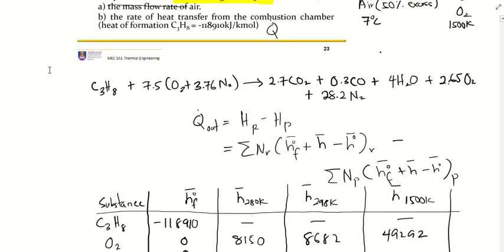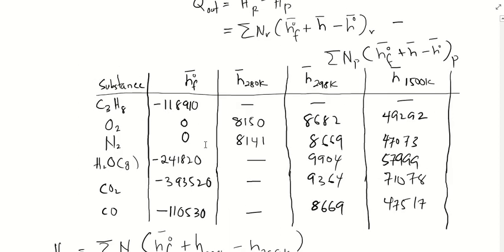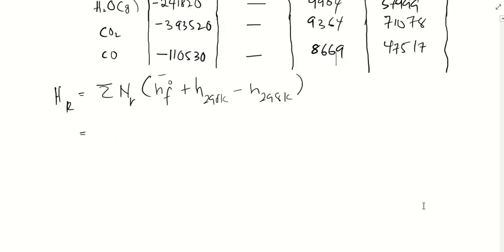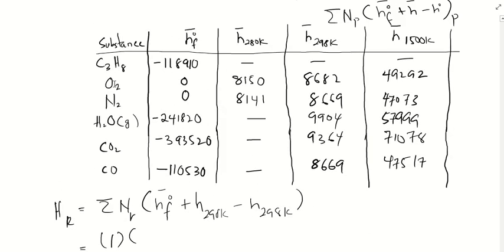The number of moles based on this is 1, right? So for C3H8, the enthalpy of formation is negative 118,910 plus 0.